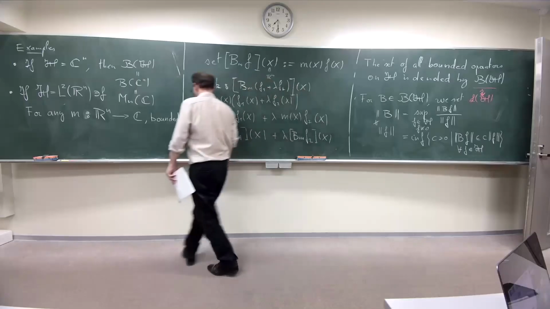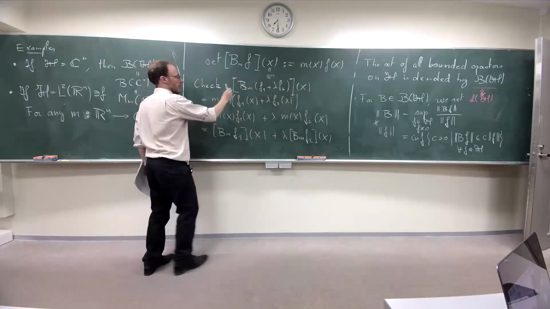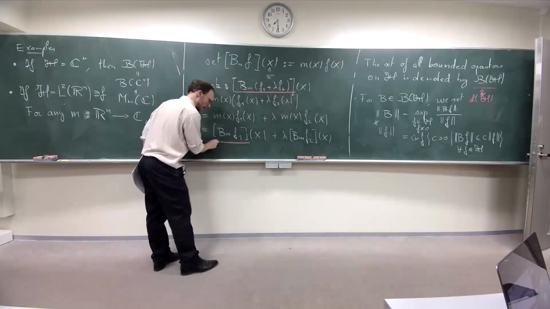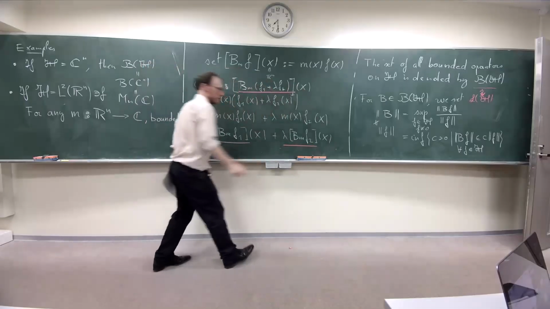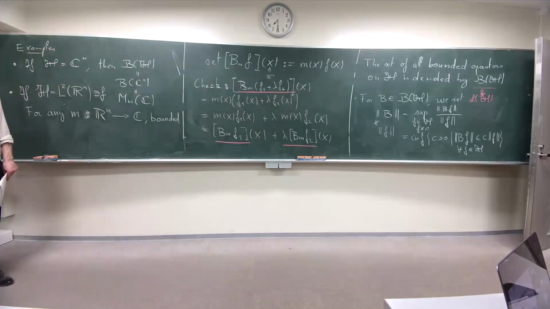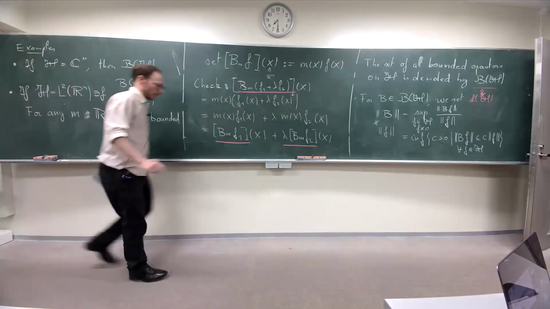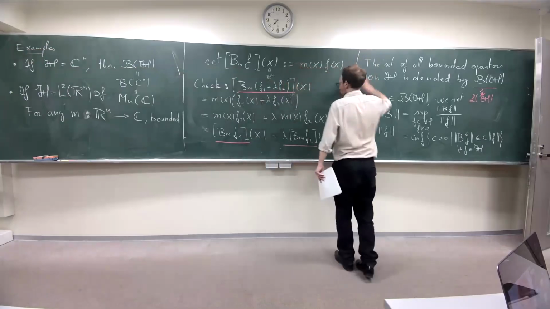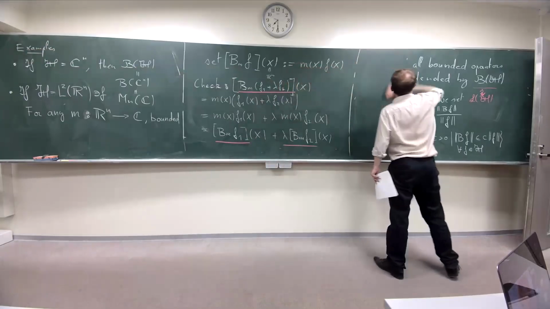So what you observe is that this is equal to this guy plus this guy. So the linearity is clear. The point is, is it bounded? So this is the first check, now check two.